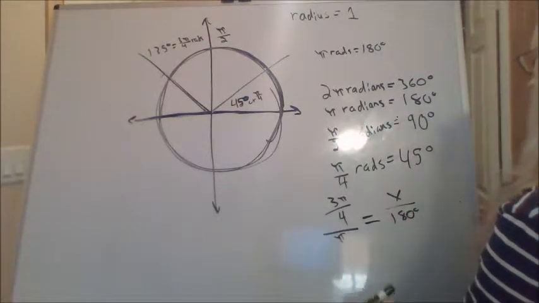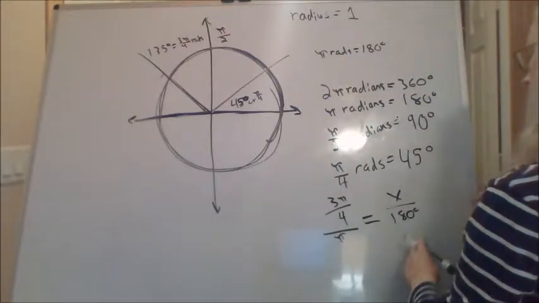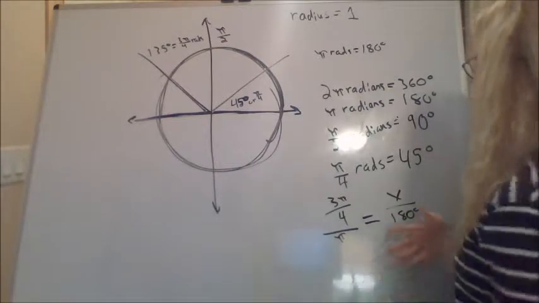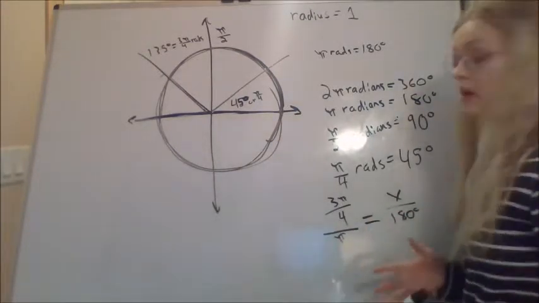And this works because we're saying up here that pi radians is equal to 180 degrees. So the concept is you're dividing both sides by the same thing, only in different measurements.